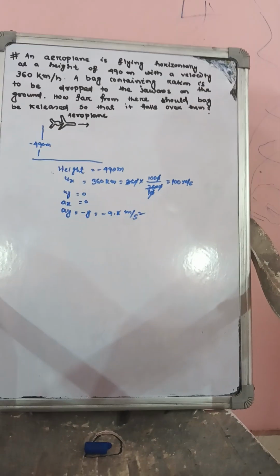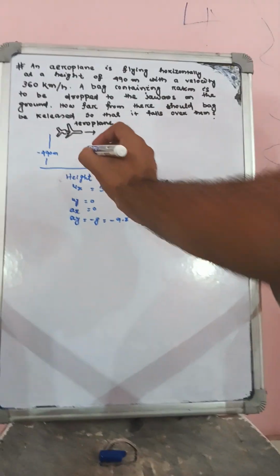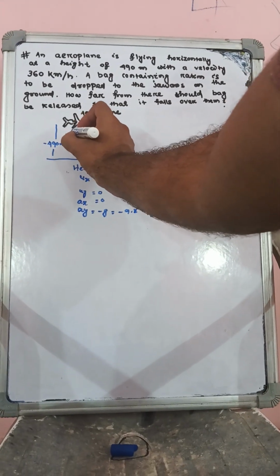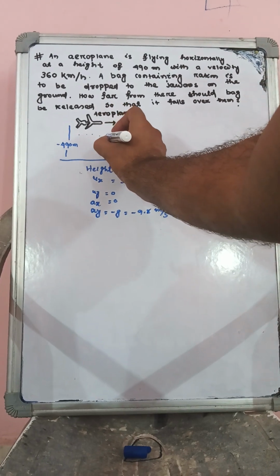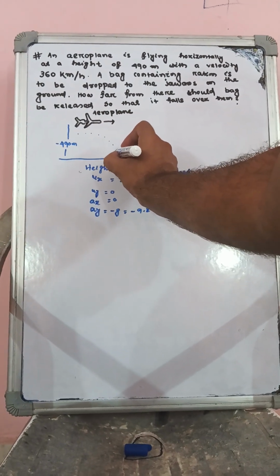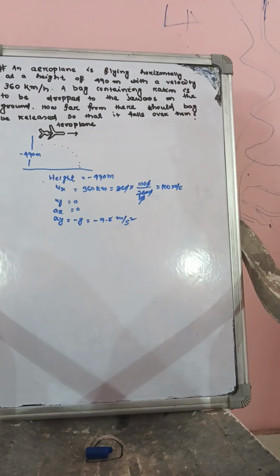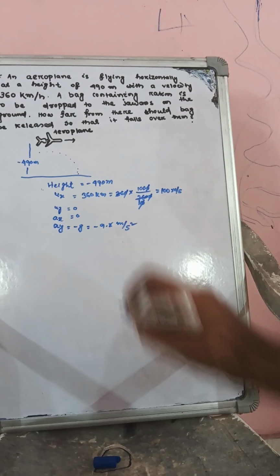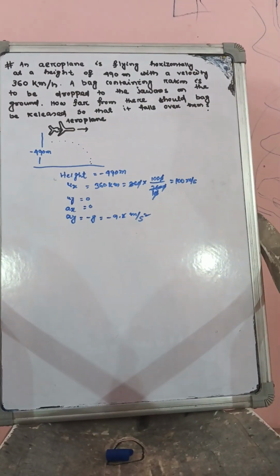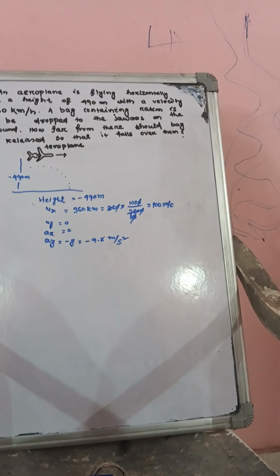Okay, here is a bag, dropped, then calculate how far the distance, the range, will be asked for the jawan on the ground.